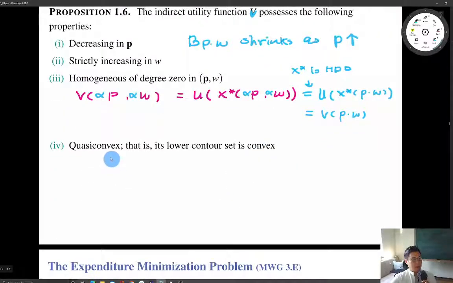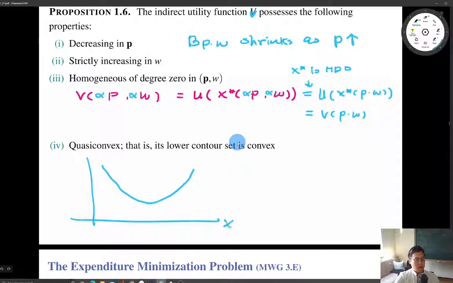And then finally, quasi-convex. We say a function is quasi-concave if its upper contour set is convex. Its counterpart is quasi-convexity, where the lower contour set is convex. So think about this function defined on a single variable x, function v.